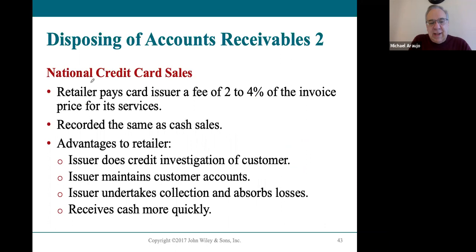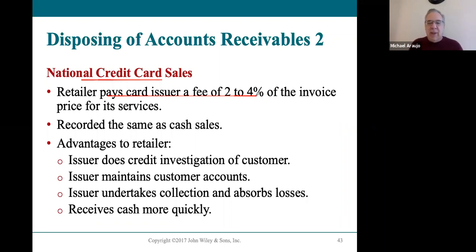One thing to understand is credit card sales are cash sales to the merchandiser. In order for a merchandiser to accept a Visa or MasterCard, Discover, all the others, they have to be part of that network. To be part of the network, they agree to pay a fee for whatever prices that they charge.